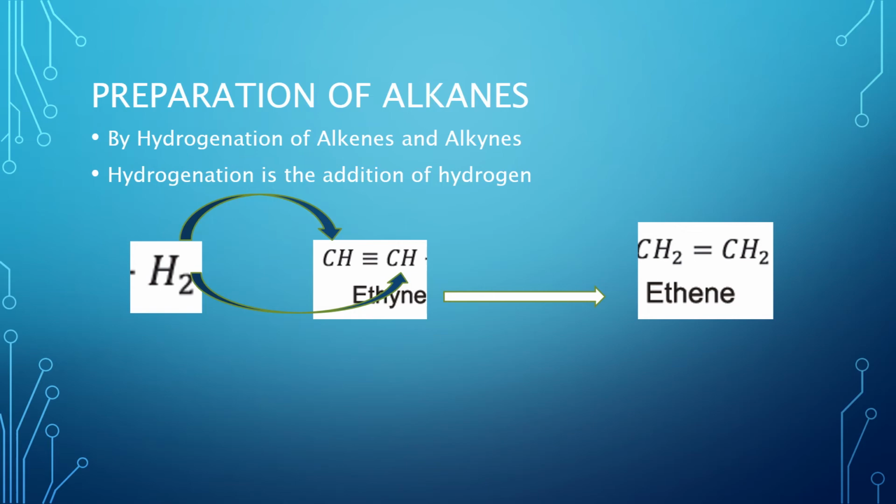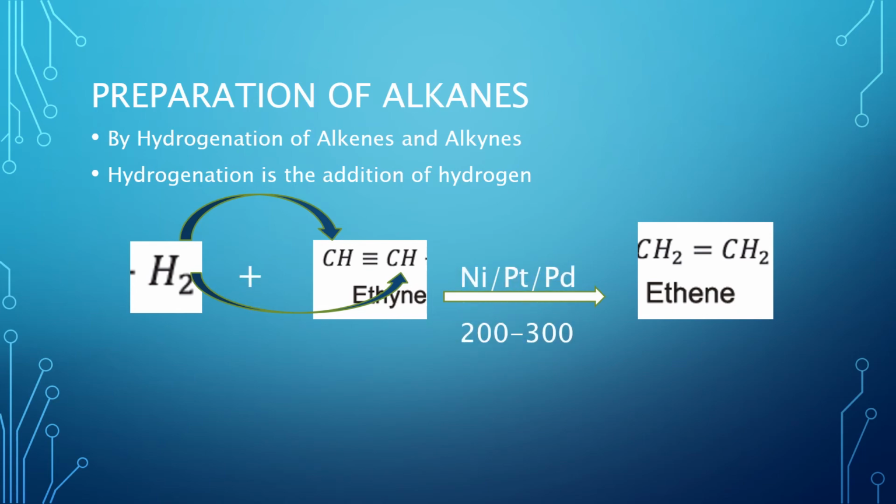So when hydrogen is added to ethyne, it changes into ethene. Ethyne contains a triple bond between the 2 carbon atoms, and by the addition of hydrogen to each carbon, this triple bond is transformed into a double bond. So in ethene, the 2 carbon atoms are attached with a double bond, and each carbon now has 2 hydrogen atoms.